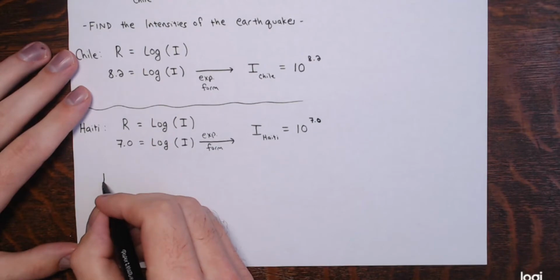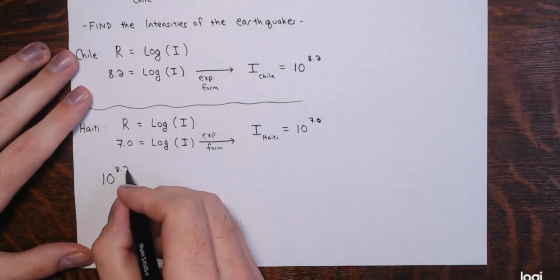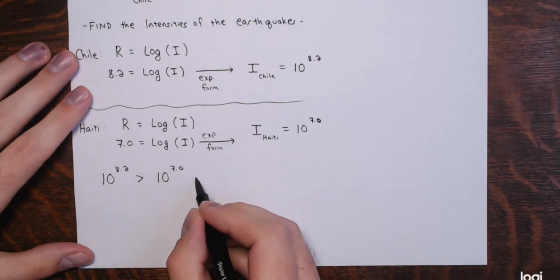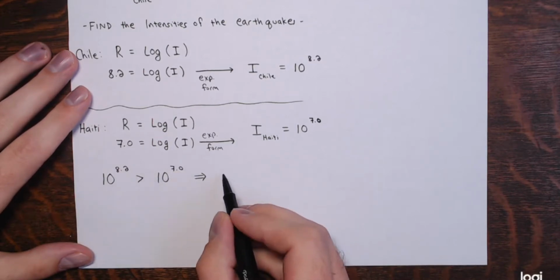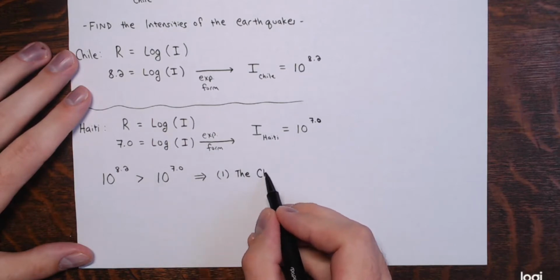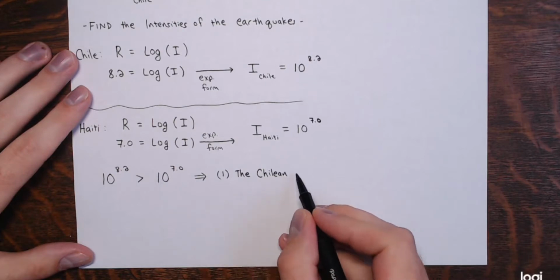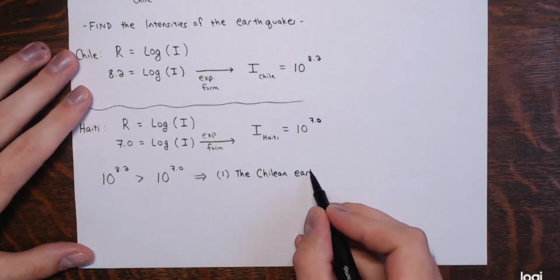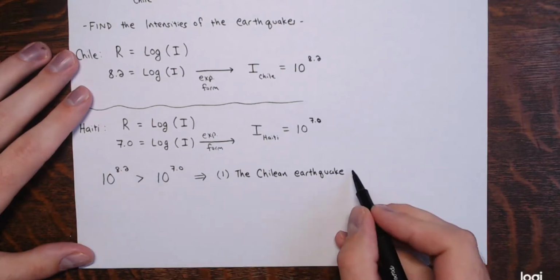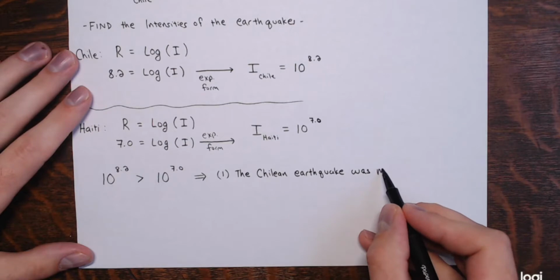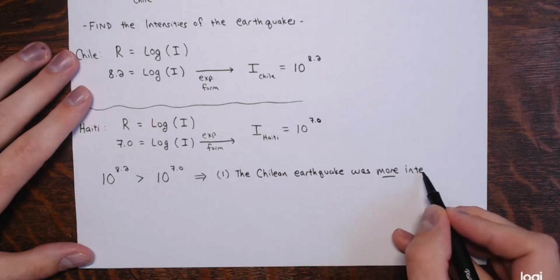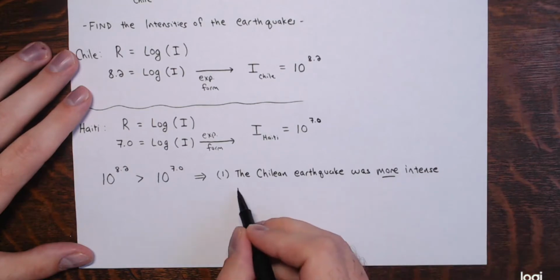Right, so 10 to the 8.2 power is greater than 10 to the 7.0. So one thing we could say is that the Chilean earthquake was more intense than the Haitian earthquake.